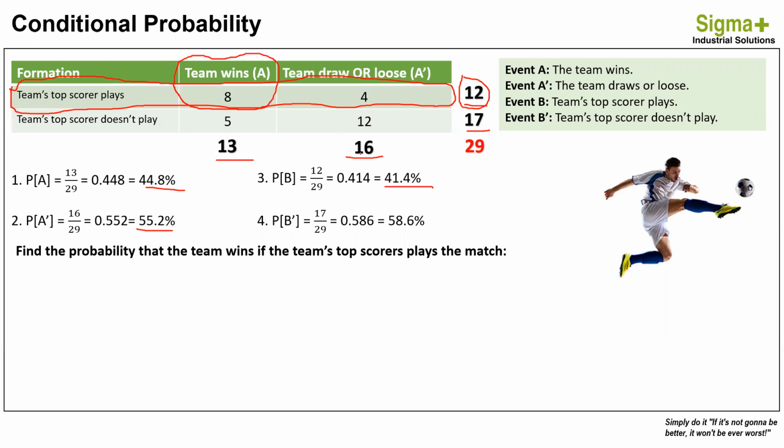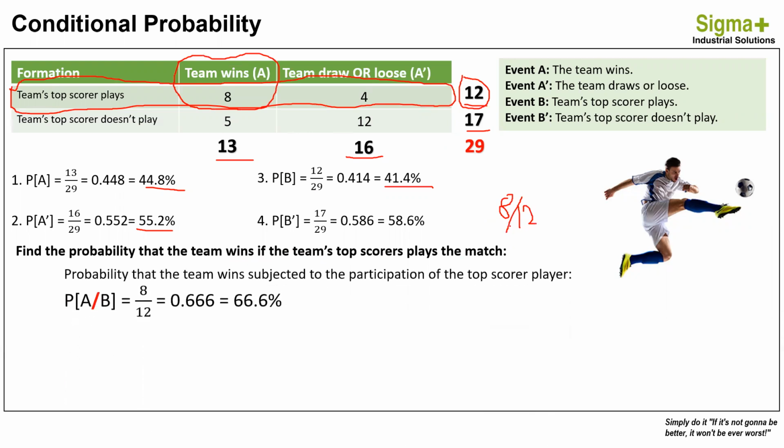So simply, I can say that the probability that the team wins, subject to the condition of the participation of the team's top scorer playing the match, will be 8 divided by 12, right?